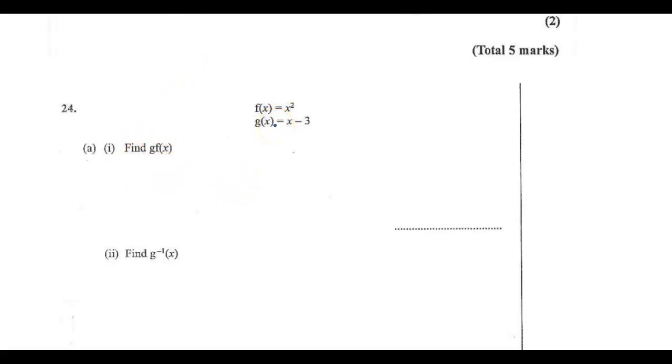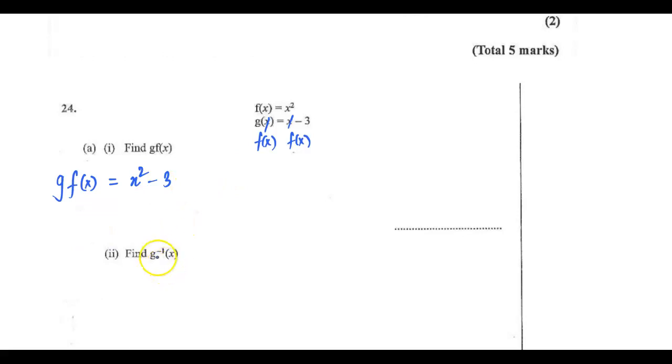So our g(x) is x minus 3, we're going to be writing f(x) there. That means f(x) there as well. So g of f(x) is going to be x squared minus 3.